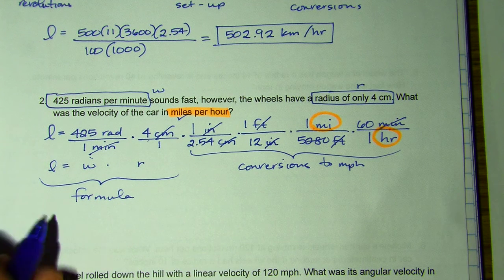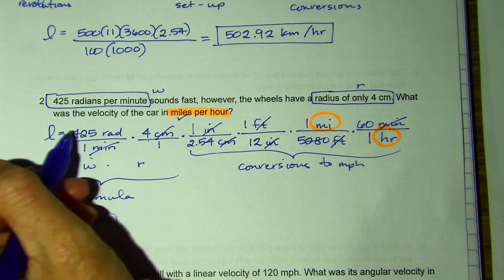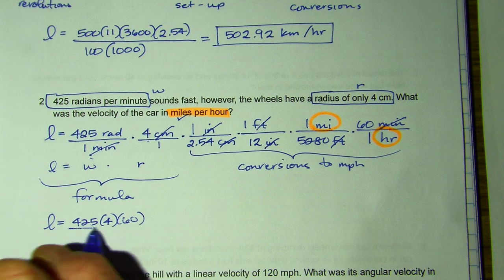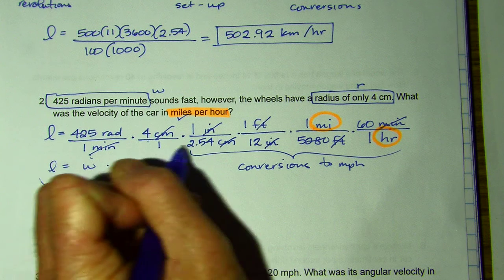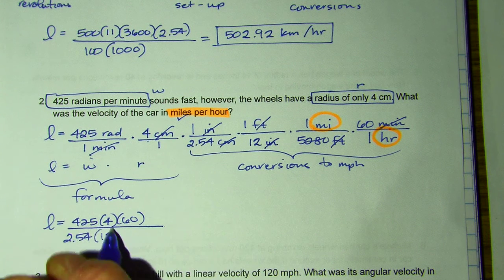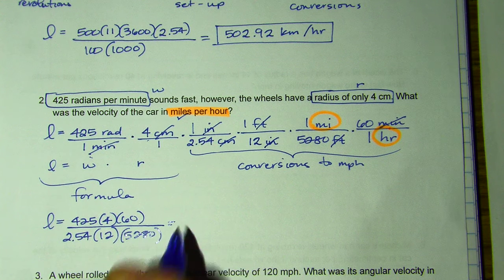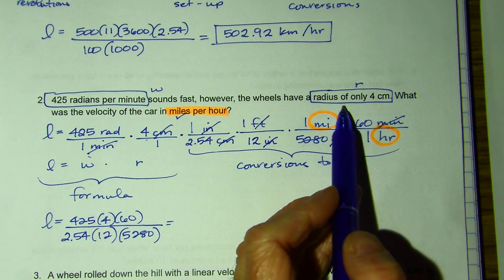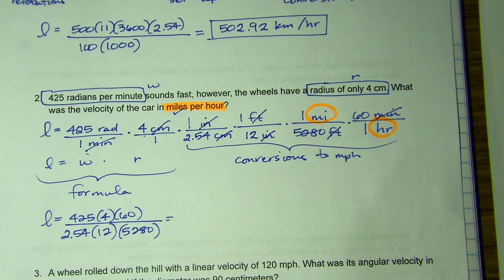Okay, so I am left with 425 times 4 times 60, divided by 2.54 times 12 times 5,280. And I got, now this is going to be really small, but that makes sense because think of this as a tiny little toy car, those little cars you buy that are like this big that you play with as a little kid.